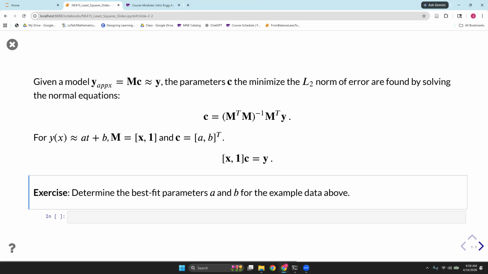So in general, this will not be soluble. Why? We have n measurements. How many unknowns? 2. So if we have 3 measurements, that's a 3 by 2 matrix. Do 3 by 2 matrices have inverses?